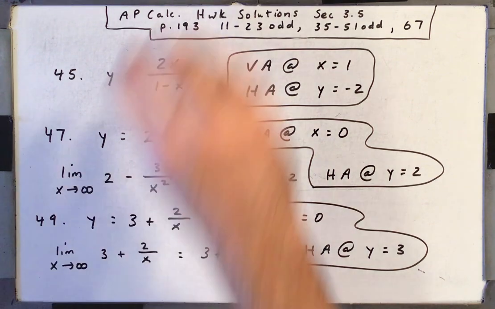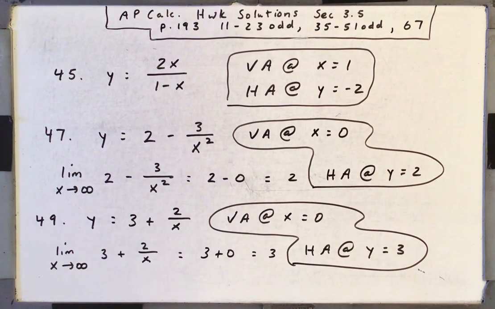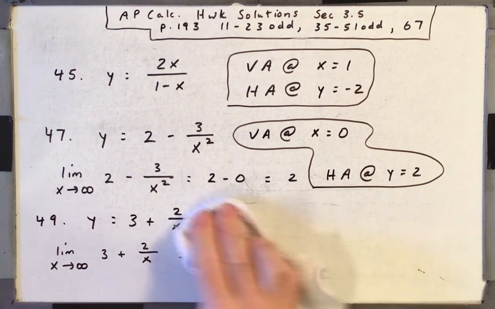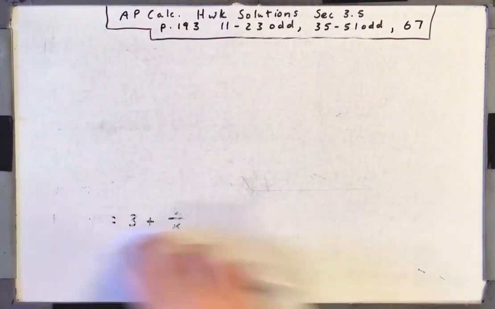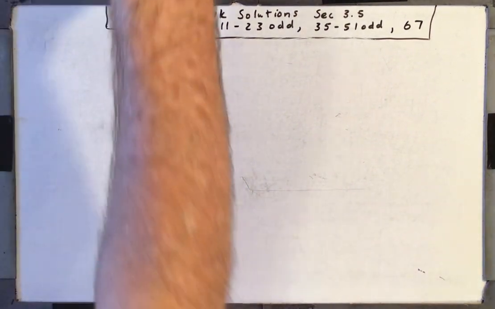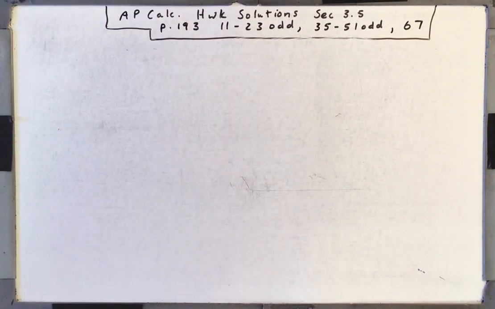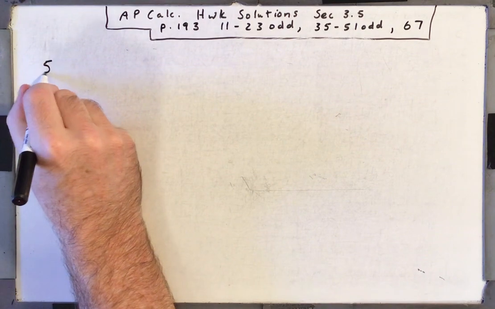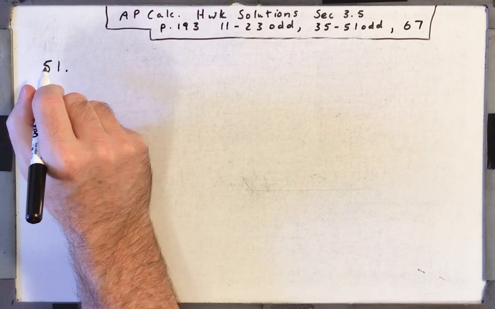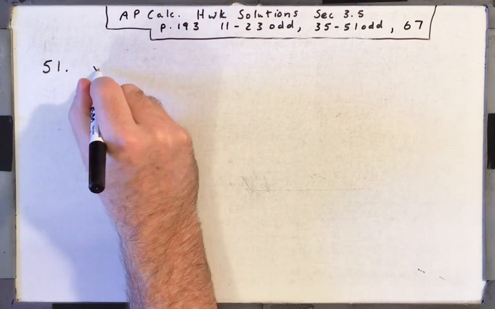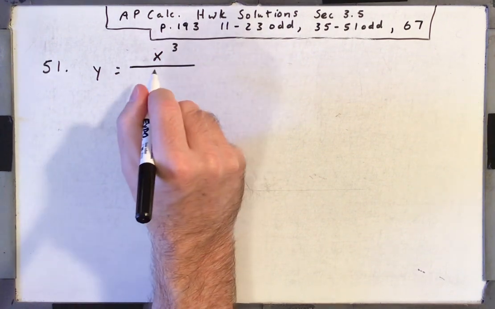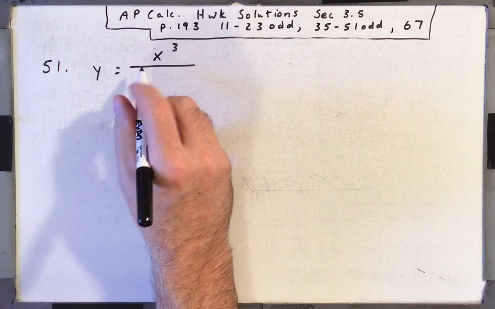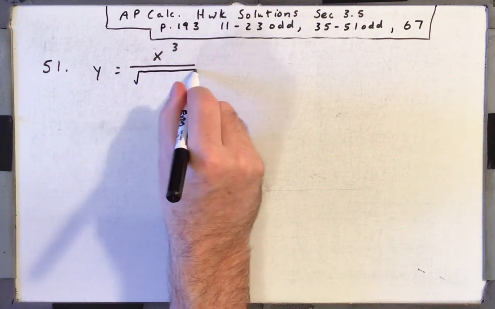Okay, just one more, and then our word problem. So 51, we have y is equal to x cubed over the square root of x squared minus 4.